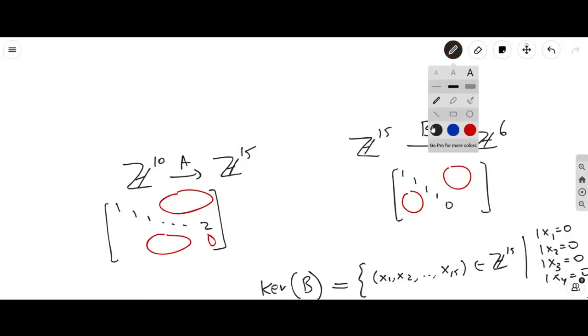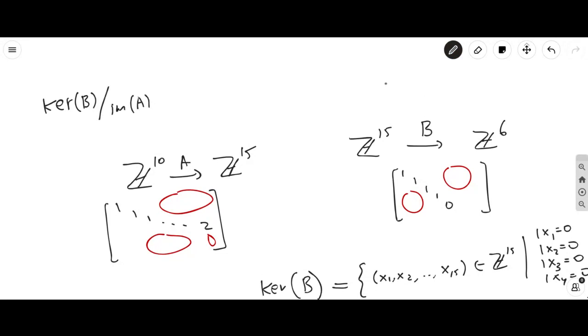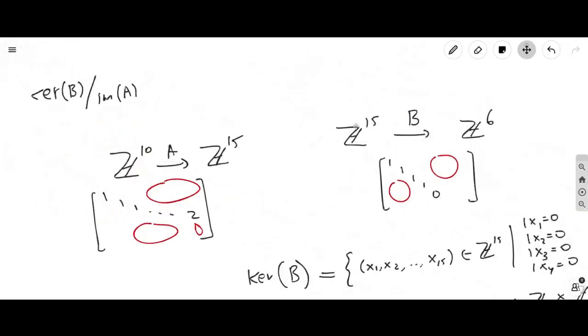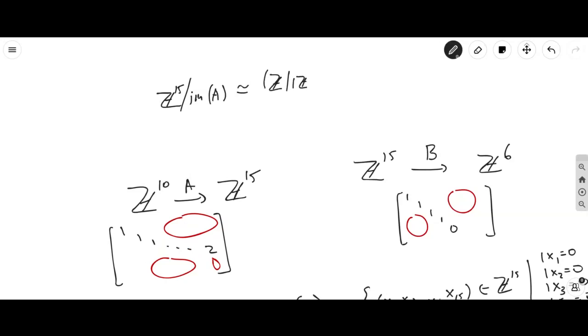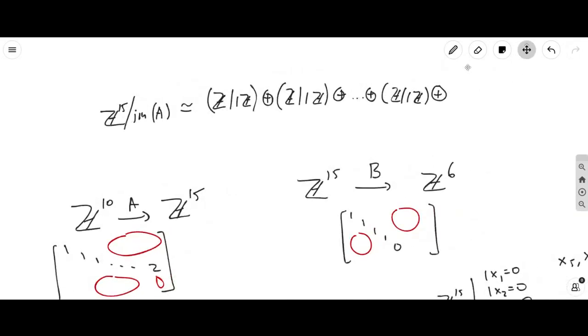To compute the homology, we would have to take the kernel of B and mod out by the image of A. To make this a little bit easier, let's do this like we did before: Z15 mod the image of A. That would just be Z mod 1Z plus Z mod 1Z plus Z mod 1Z, and so on.